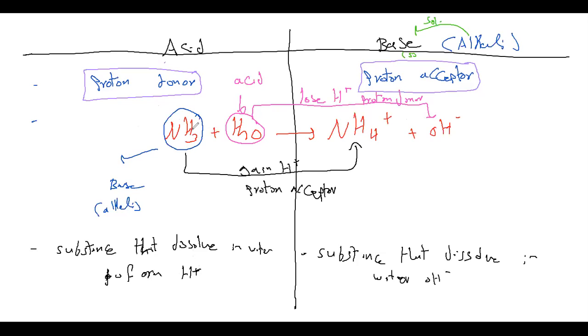And in this case, if we have an equation, which one is the acid and which one is base, explain. NH3 forming NH4 positive. This means that it gains H positive. So it is a proton acceptor. So it is a base.